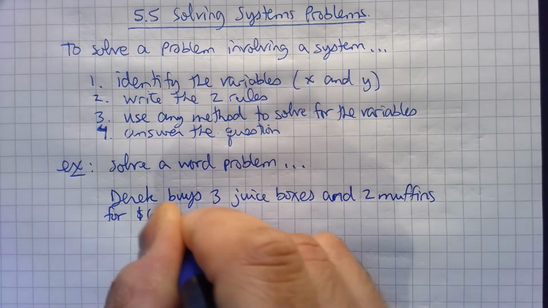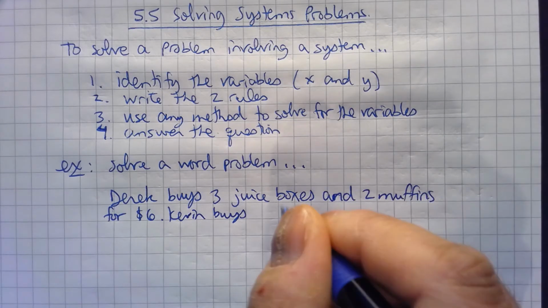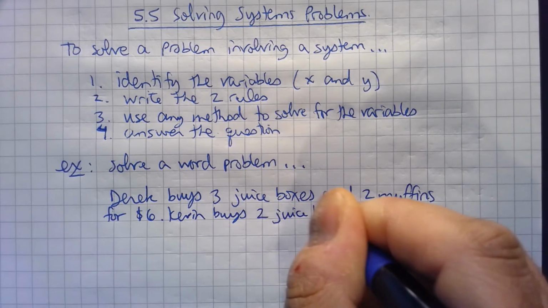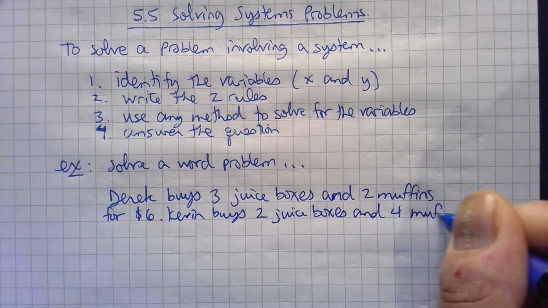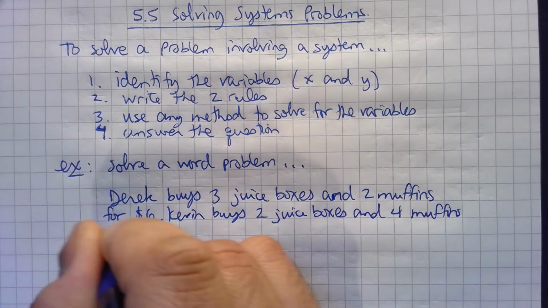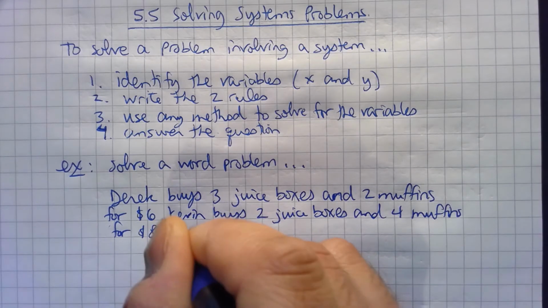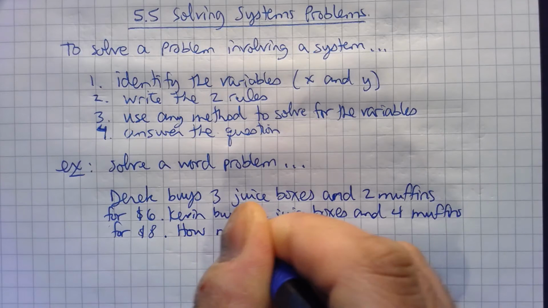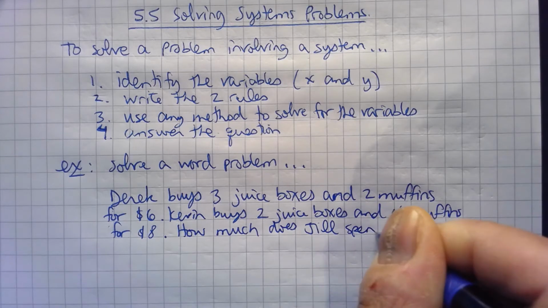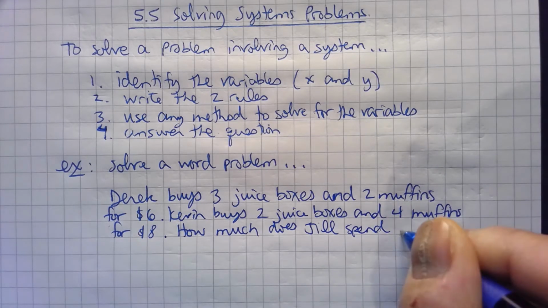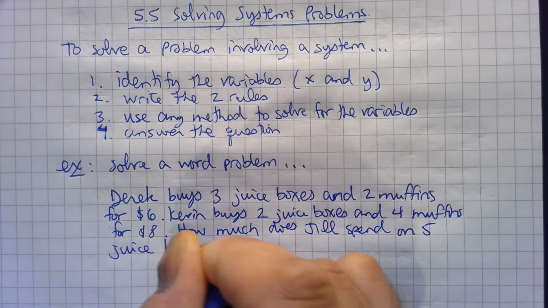Kevin buys 2 juice boxes and 4 muffins for $8. How much does Jill spend on 5 juice boxes and 1 muffin?